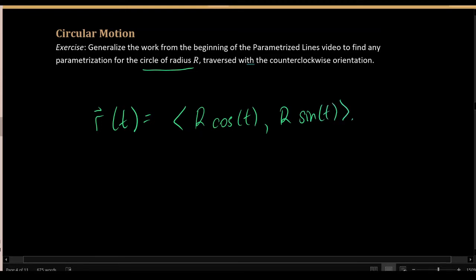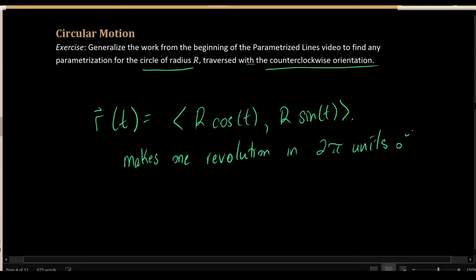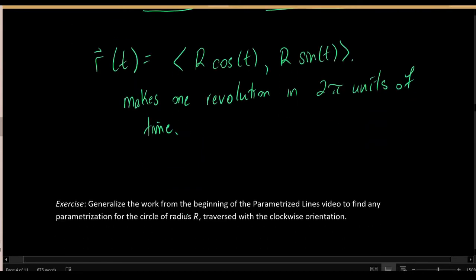This particular parameterization will traverse the circle counterclockwise, and it will make one revolution in a time interval of 2 pi units. If we want to change the speed, if we want to make our object move at double speed or triple speed or quadruple speed, we just have to double up our t value or triple or quadruple our t value.